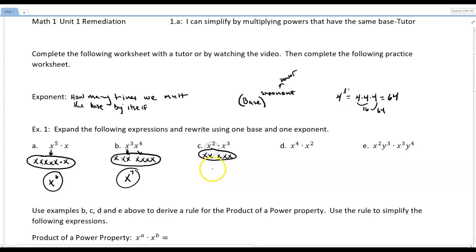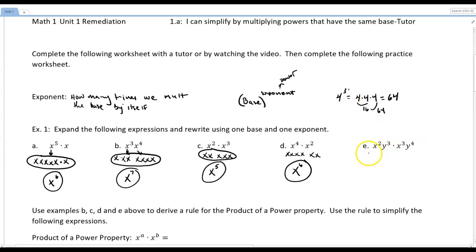Multiplying x by itself 5 times would be x to the 5th power. The next one is 4 x's multiplied by 2 x's, for a total of how many x's? That can be rewritten as x to the 6th.